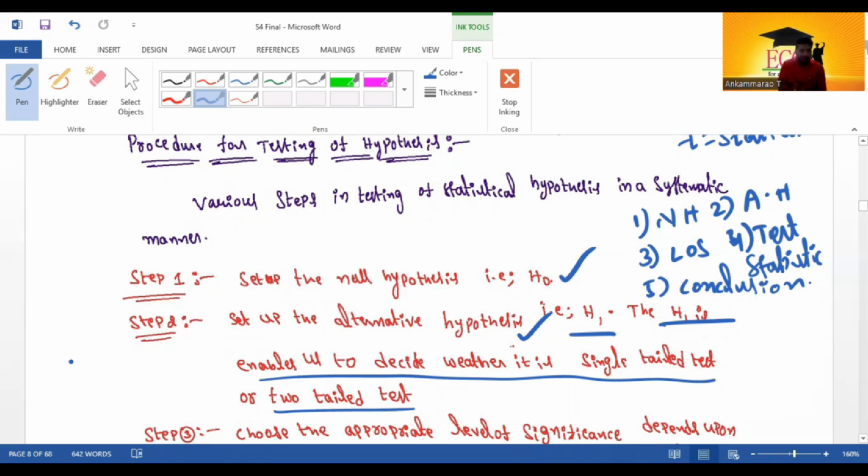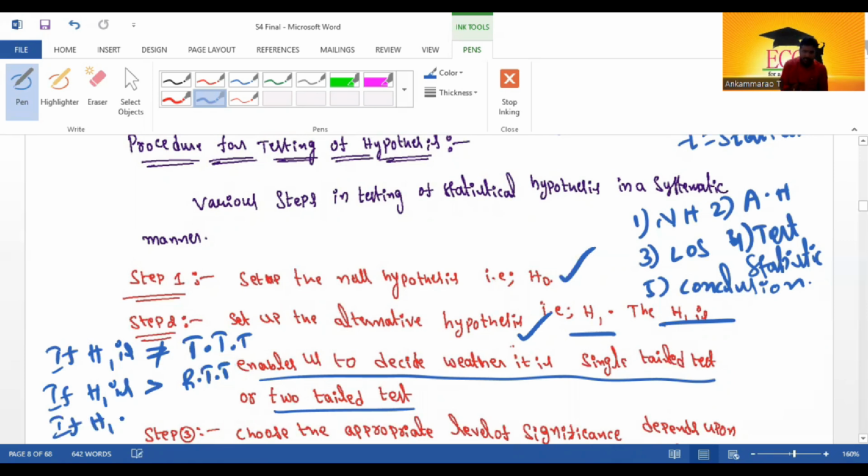If the alternative hypothesis H1 is of the not equal to type, it is called a two-tail test. If H1 is of the greater than type, it is a right-tail test. If H1 is of the less than type, it is a left-tail test. That is step 2.